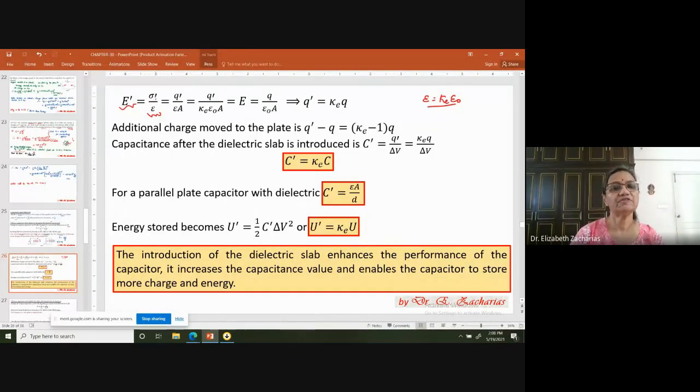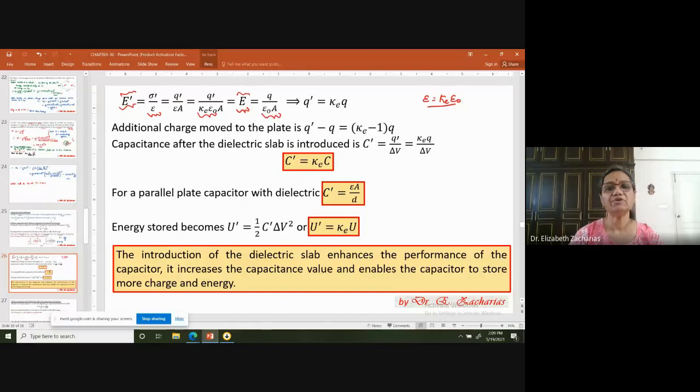And what is sigma prime? Sigma prime is the surface charge density due to the new charge. Therefore, you can write it as Q prime by A, and epsilon becomes kappa E into epsilon naught. We have seen that this field is going to be the same as the initial field, or E prime will be the same as E. The expression for E was Q by epsilon naught A, which we wrote on the previous page.